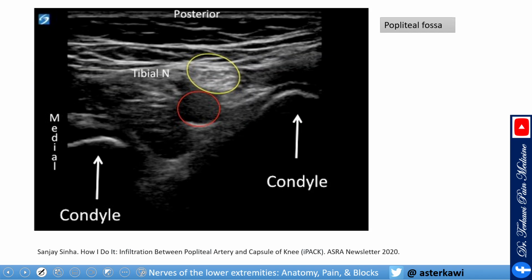So it's one of the indications, hyperactive bladder. So how do we do the block? If we start all the way above at the popliteal fossa, and we scan down to see both condyles of the tibia, you see the nerve running deep with the popliteal vessels, and it is usually medial, right?